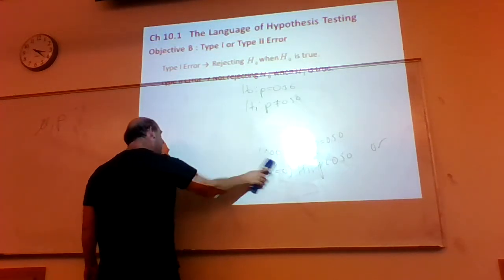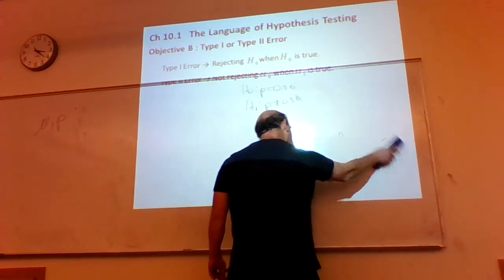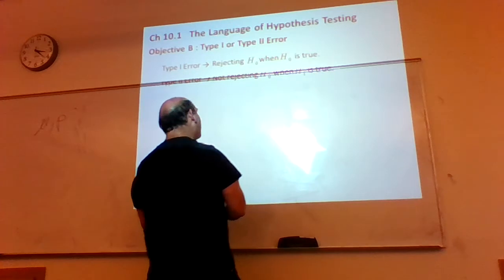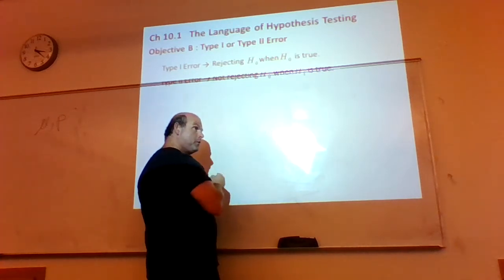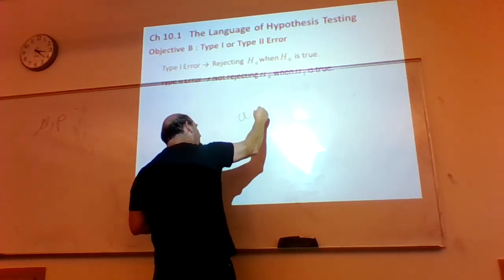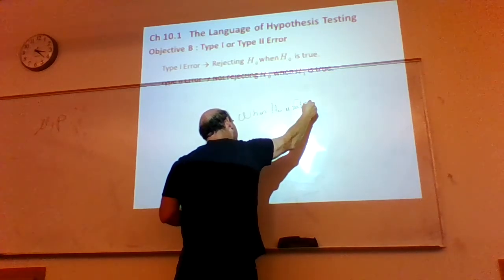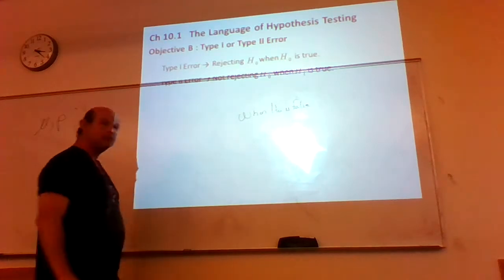So instead of writing when H1 is true, what I want you to write is when H0 is false. That's all you have to do. The rest of it's okay.